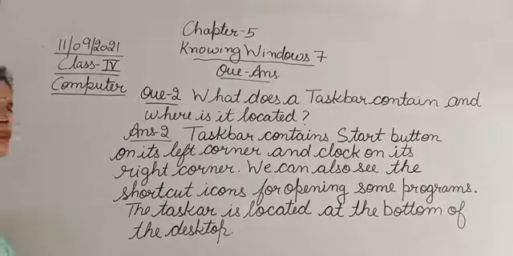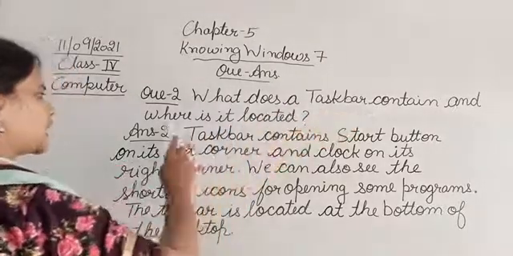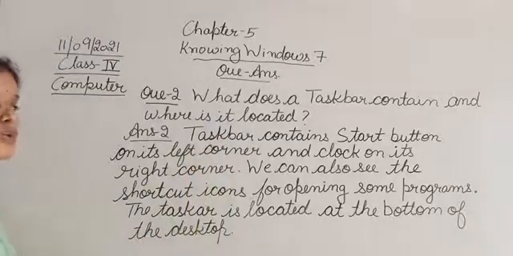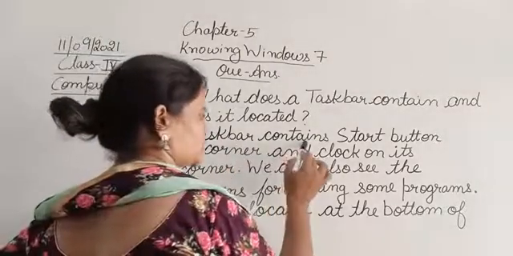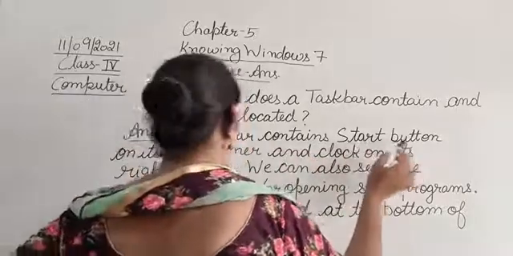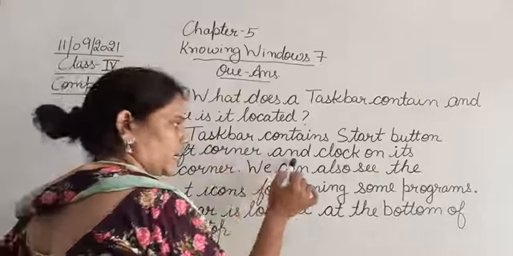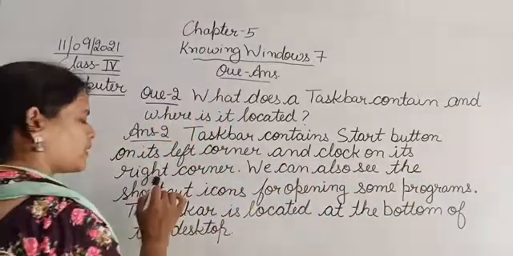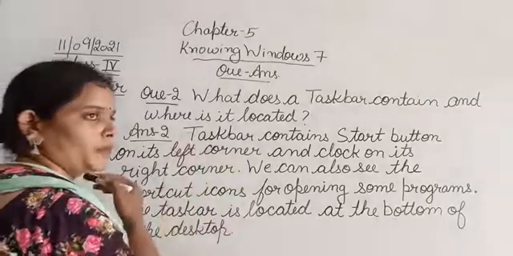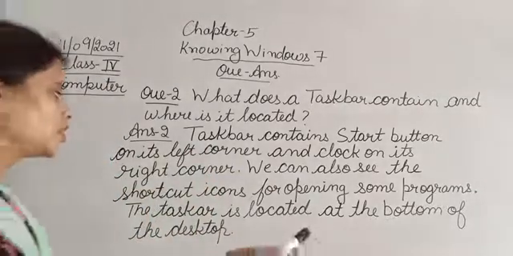So I'm just reading it one more time. What does a taskbar contain and where is it located? So what does it contain and where is it seen? The taskbar contains the start button on its left corner, and on the right corner you will see the clock.